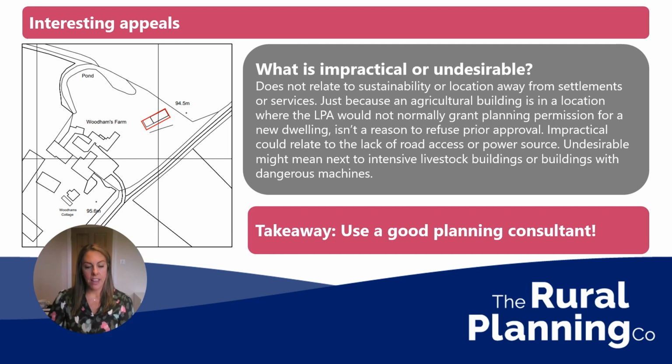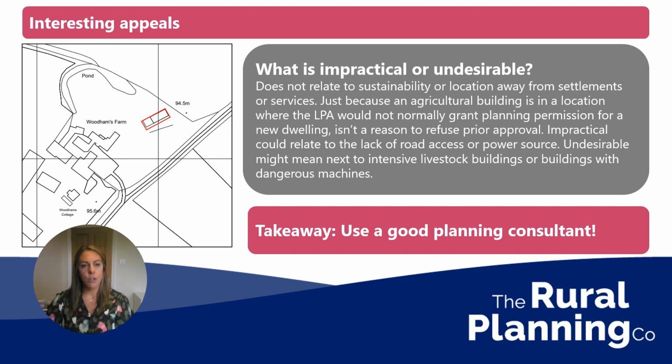Now, this is something that the government have expressly said in their planning guidance that the councils can't take into account. So where it is a location that ordinarily the councils wouldn't grant permission for a residential unit, that doesn't apply to Class Qs. And the appeal inspector in this one actually gave a few examples of what impractical or undesirable might mean, and it is not sustainable location.